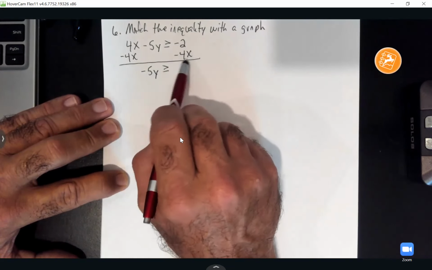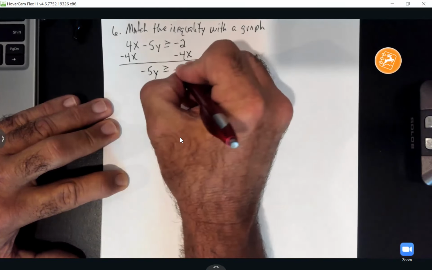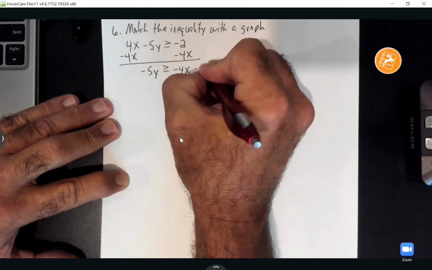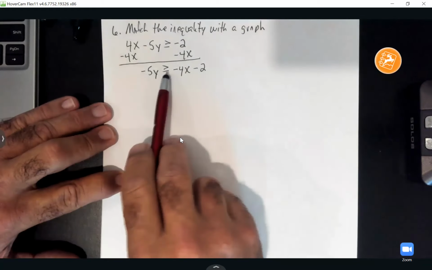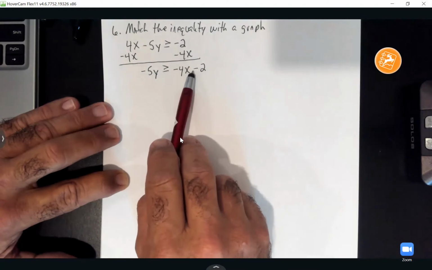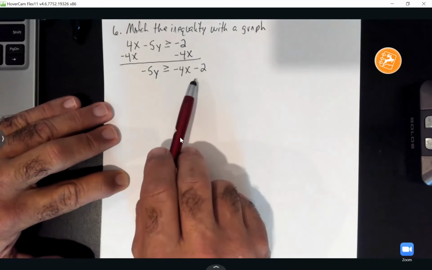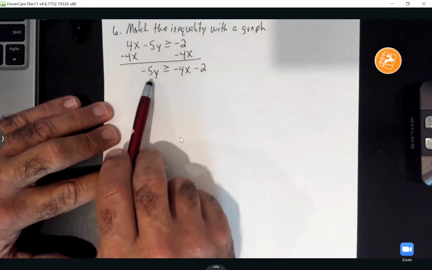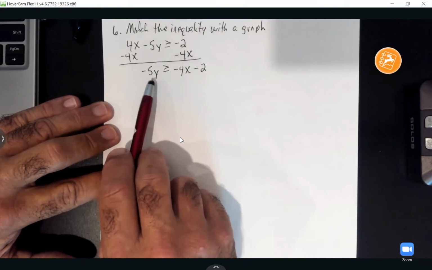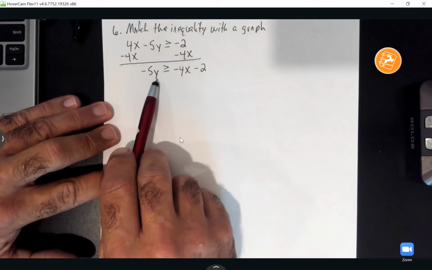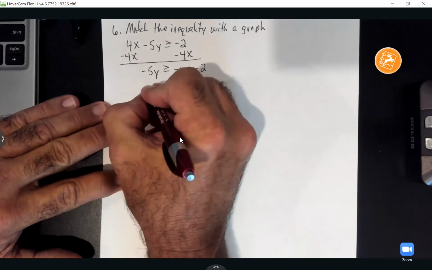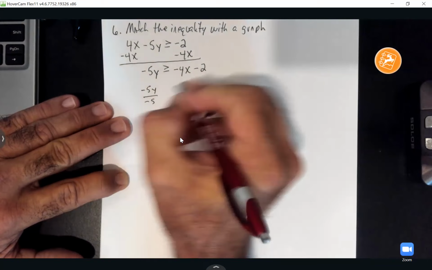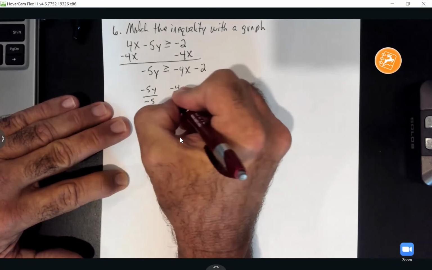Or if you're like me and you like the x's first, you can do -4x minus the 2. Either way, it don't matter over here, okay? So now we got to take care of that -5 because we want this to be a +1y. So we're going to come in and divide everybody by that -5.